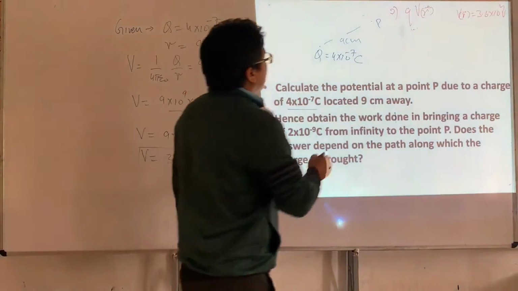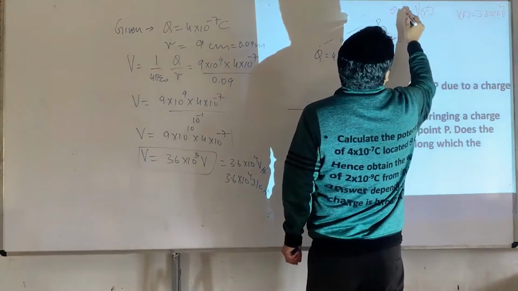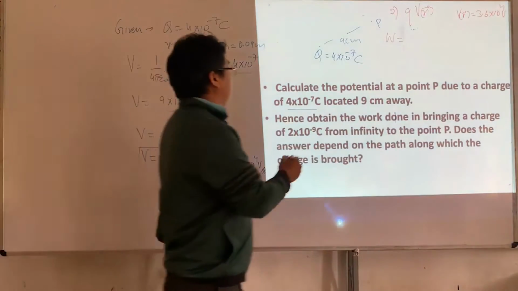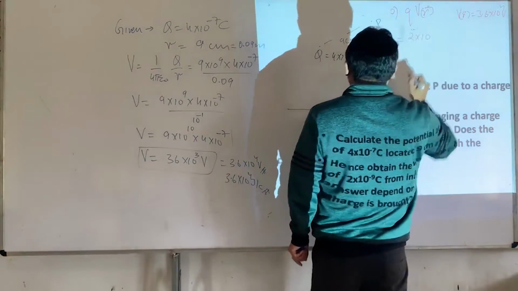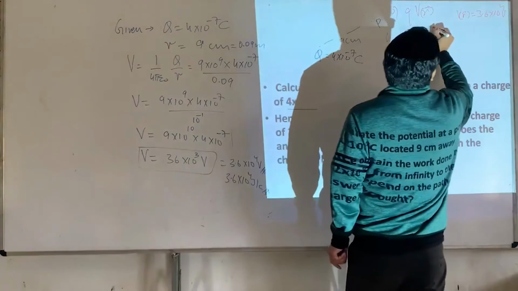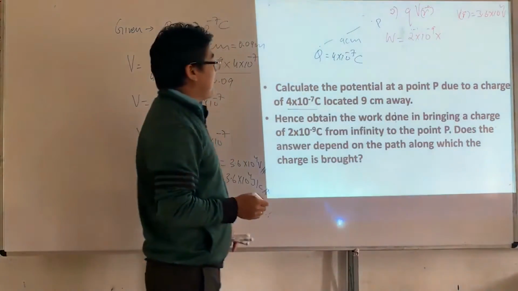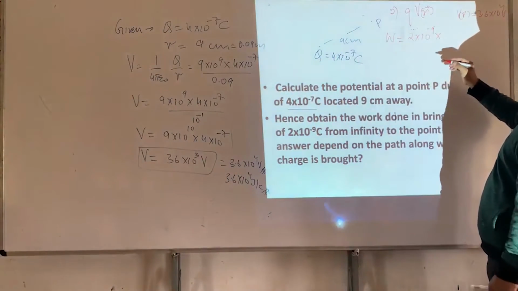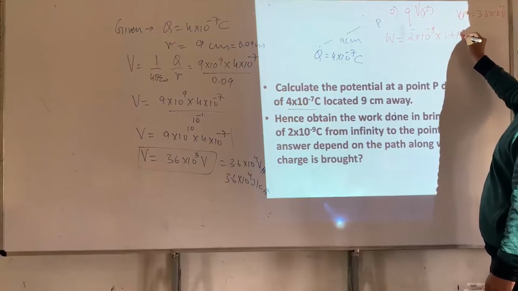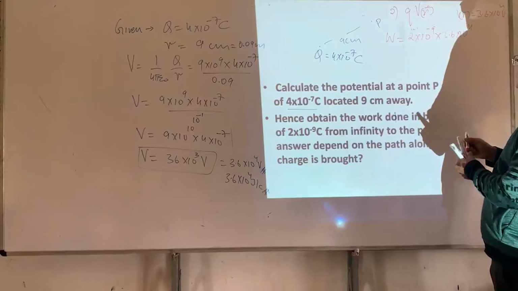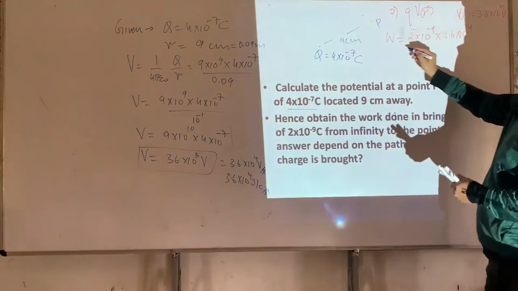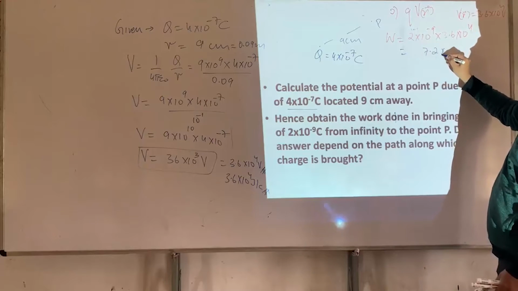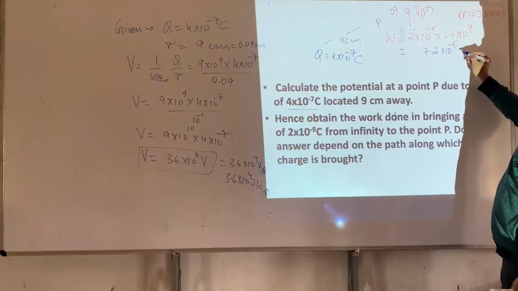And then Q is 2 into 10 to the power minus 9, multiplied by the potential, which is 3.6 into 10 to the power 4. So how much are you going to get? 2 sixes are 12, so 7.2 into 10 raised to the power minus 5 joule.